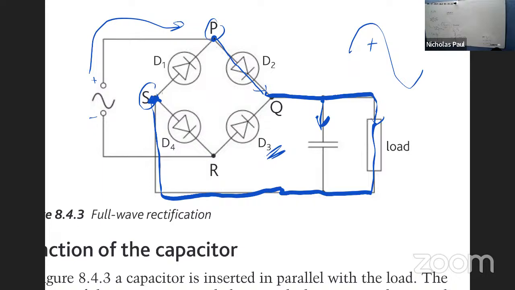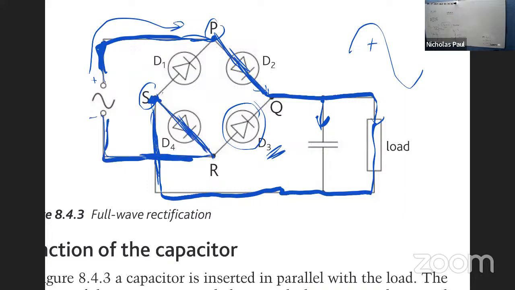So it will not go to P because P is at a higher potential. It will come down and then come back here. It will not go up here because of the same reason. So it will follow that path. All okay? That's during the positive cycle.